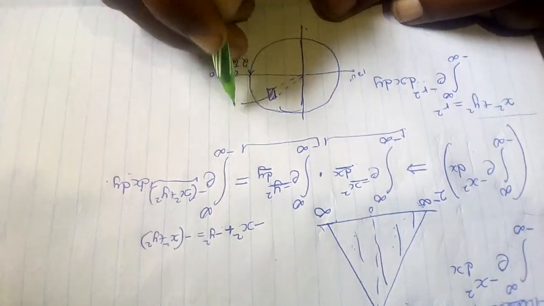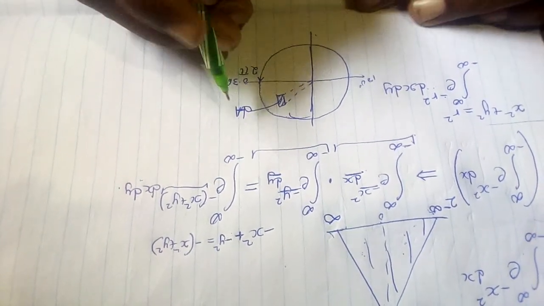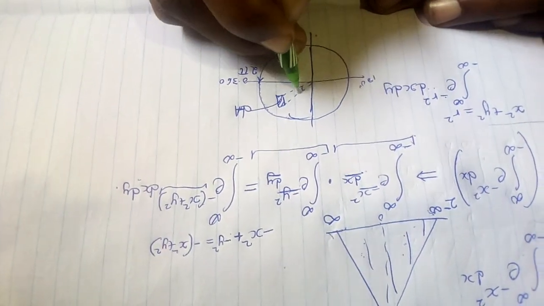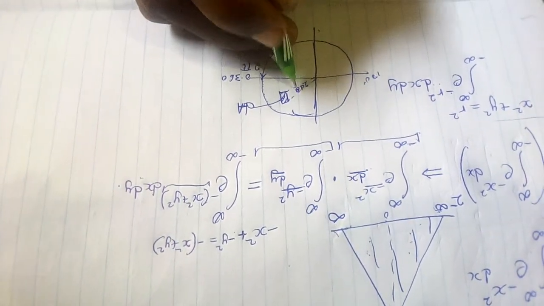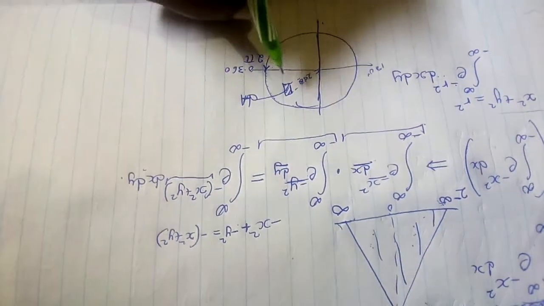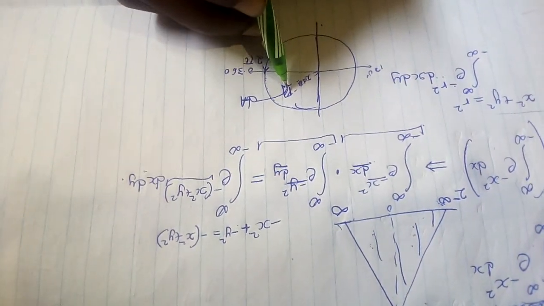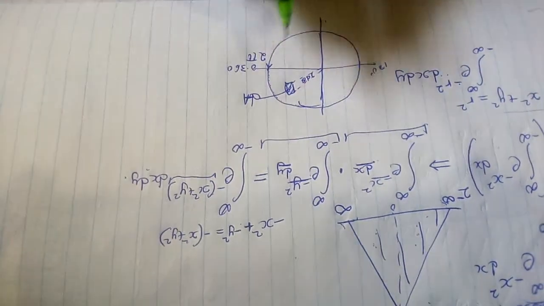So we'll have something of this sort. This area is a dA, and here we'll have a d theta. Let me draw this at a bigger angle.